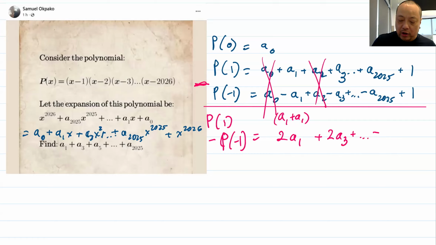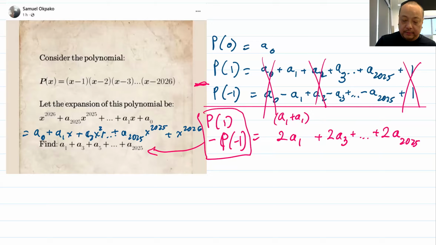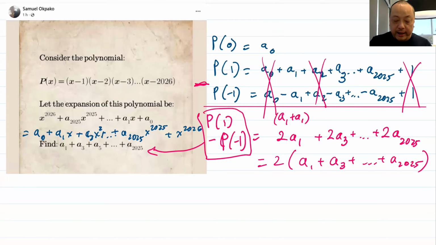That means I get all the way up to here. I have 2 times a sub 2025, and then the plus ones cancel. Oh, this is just 2 times that. So if I can compute p of 1 and p of negative 1, I can subtract them and divide by 2. I can do that using the given definition at the beginning.